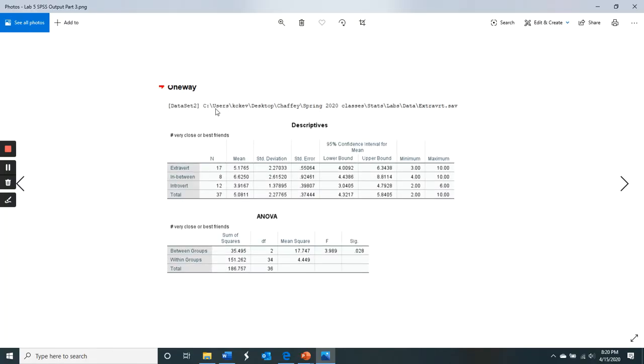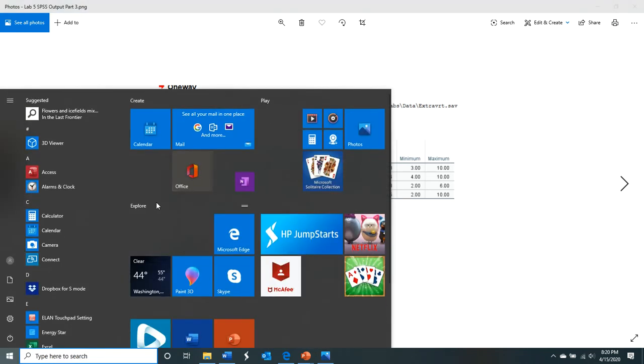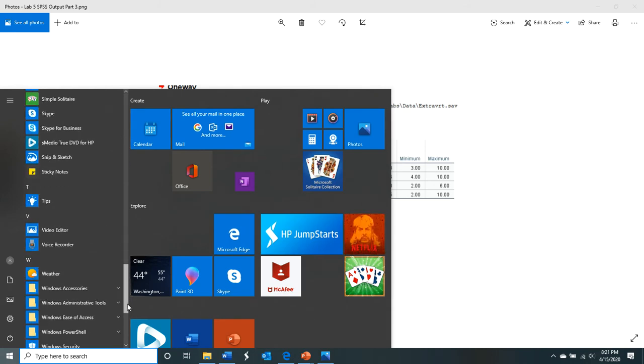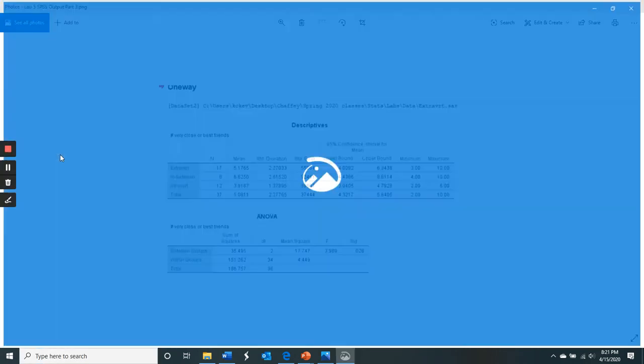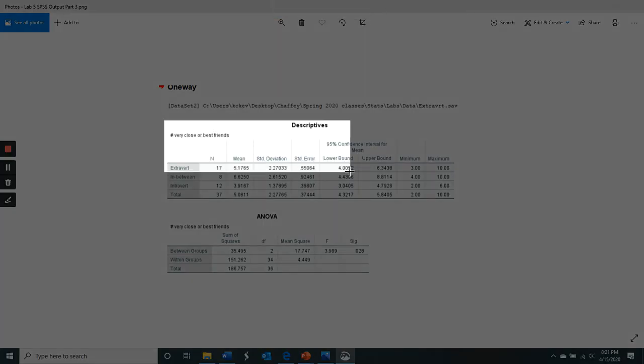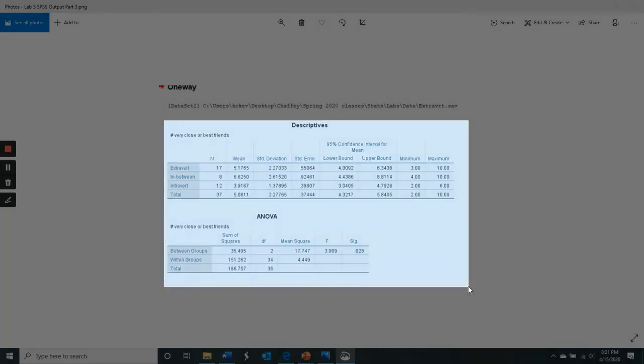So part 3 from Canvas is the descriptives and the F-test for that problem. And so we have descriptives and we have our F-test.